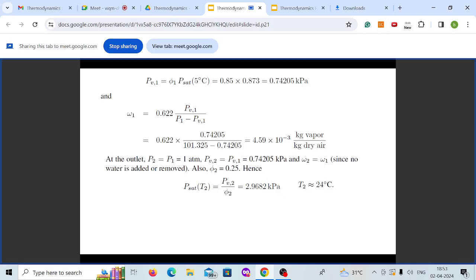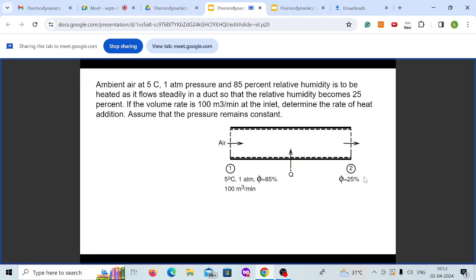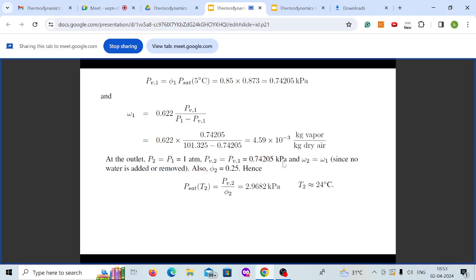So PV2 equals PV1, and your specific humidity is also the same because you are just adding heat and there is no addition of water vapor.